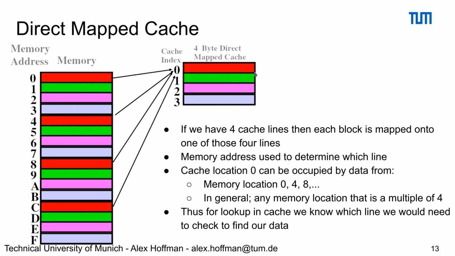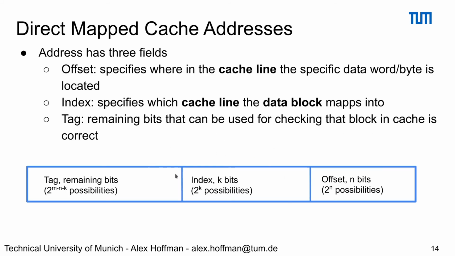Now, there's a super simple way of knowing which ones map into which. If you've caught onto it, we have 4 cache lines, and these all are modulo 4, equal to 0. And if we looked at their addresses in binary, they would also all show us a certain thing in the index. They would all have a 0 in the index.